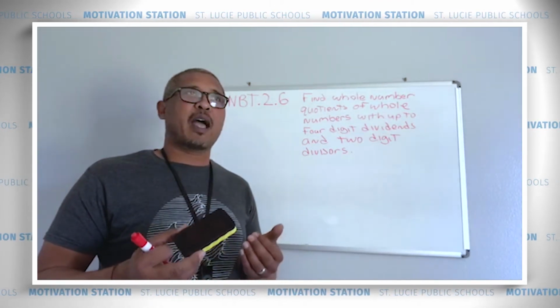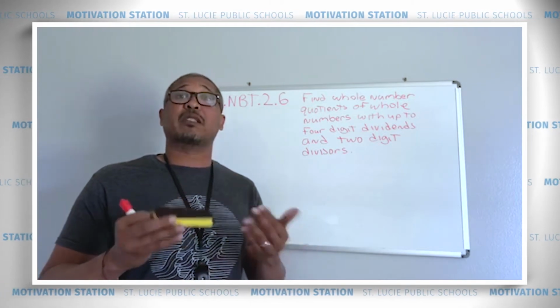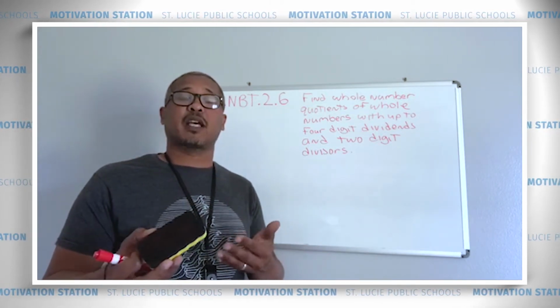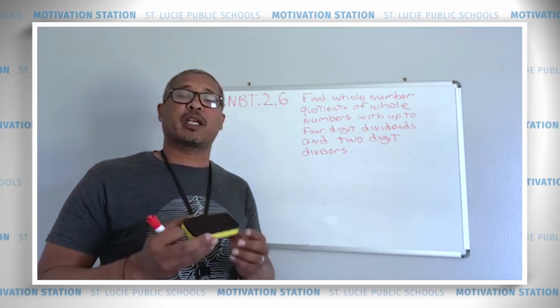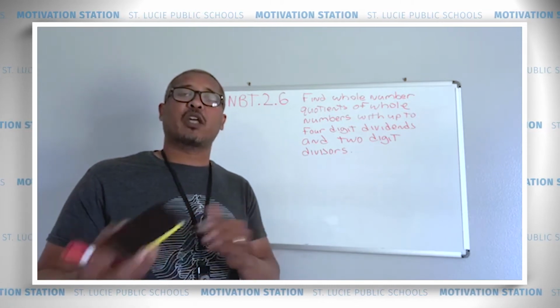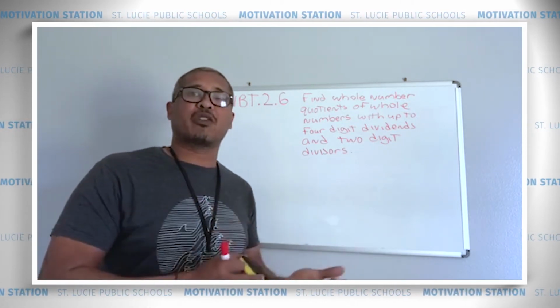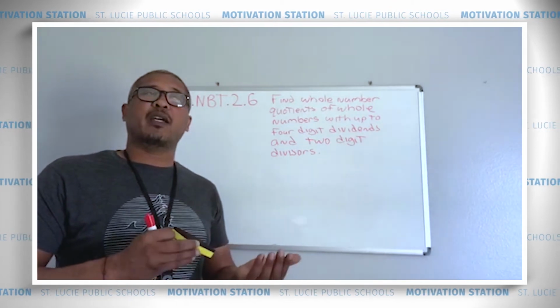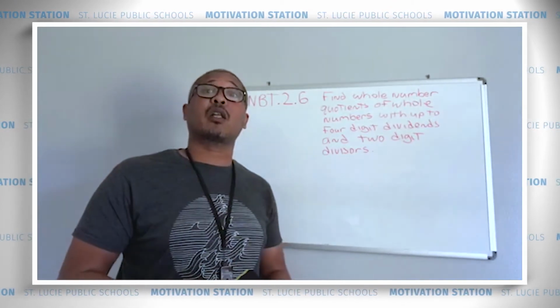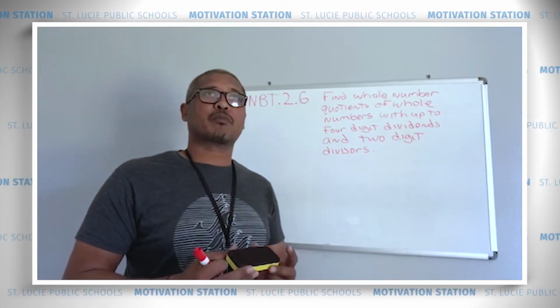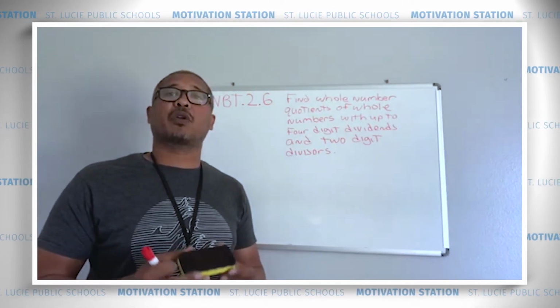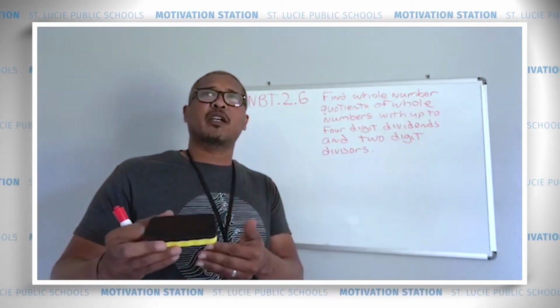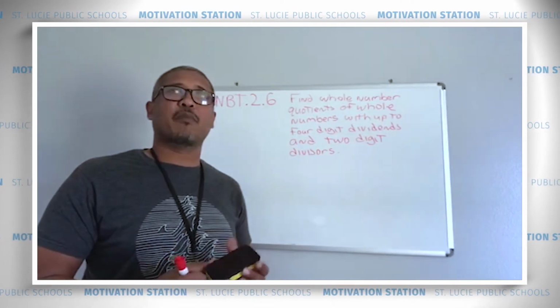Anything that has a pattern of a 0, like 10 has a 0 in it, 20 has a 0 in it, we're going to multiply those numbers by our divisor. That way, it'll get us as close to our dividend as possible, and therefore we're going to subtract from that.